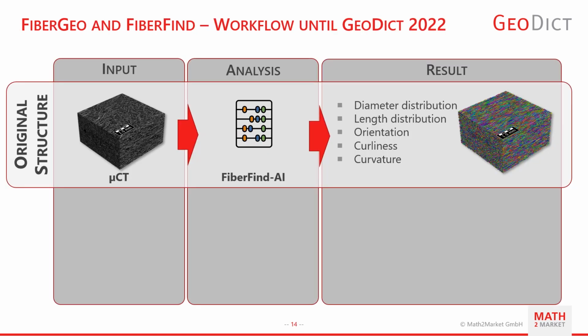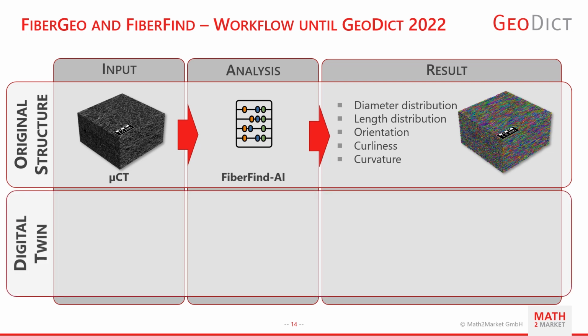Last but not least, I want to talk a bit about FIB-Geo and FIB-Find and how to create a digital twin with FIB-Find. So starting from your micro CT scan, we segment that and we can put that into FIB-Find, and we can obtain basically every geometrical parameter you can come up with. For example, the fiber diameter distribution, the orientation of the fibers, the curvature of the fibers, and so on.